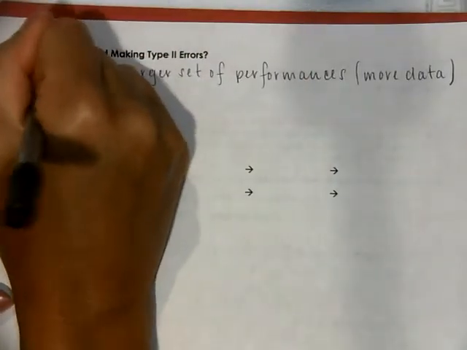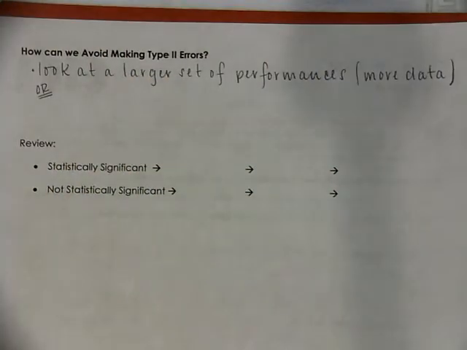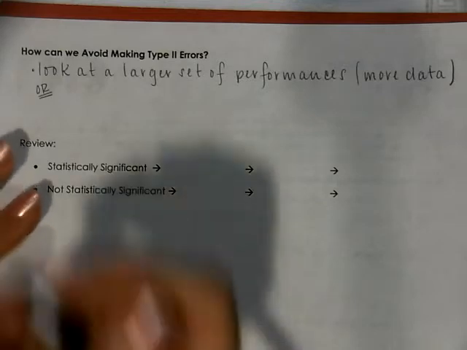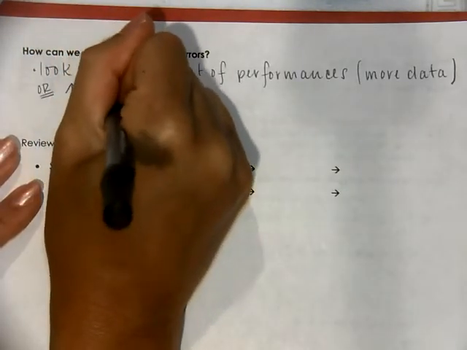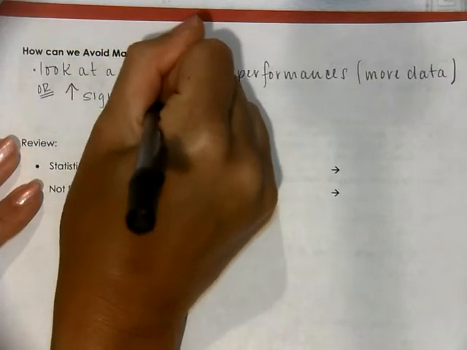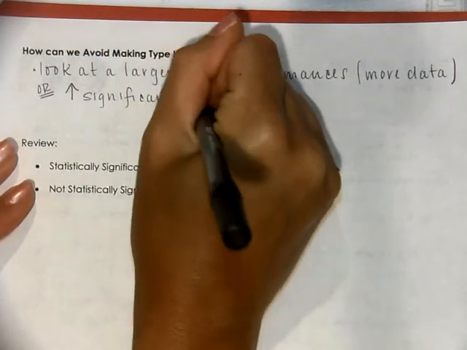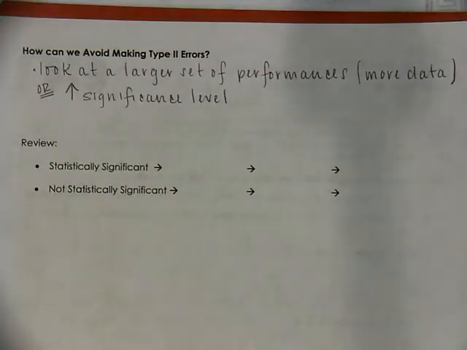Or, going along with avoiding type 1 errors, if we lower the significance level to avoid making type 1 errors, to avoid making type 2 errors, we could actually raise the significance level. Okay, so either one of those would work.